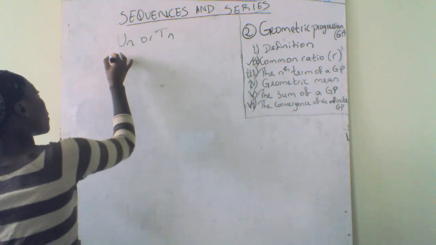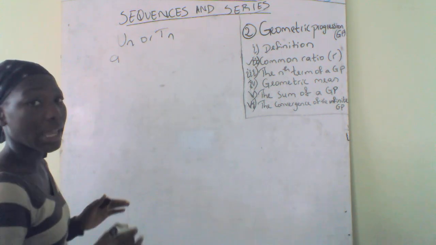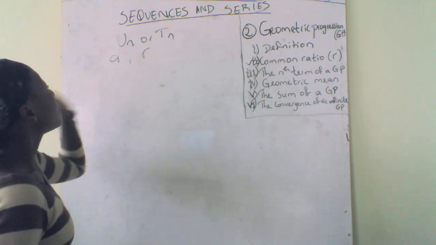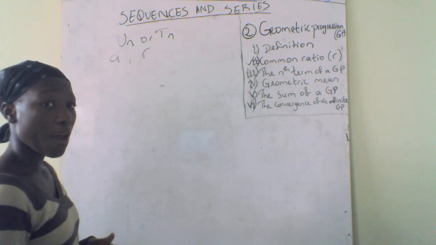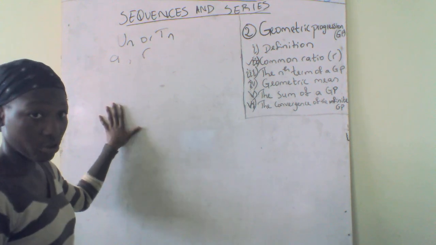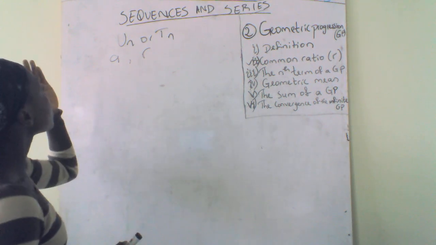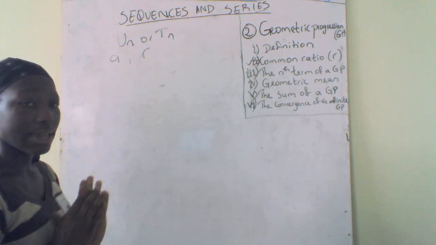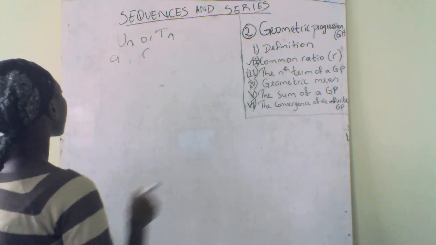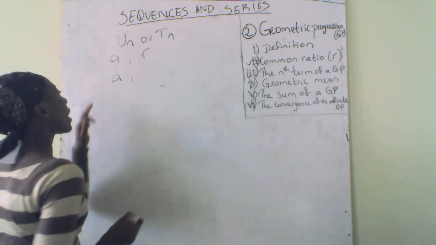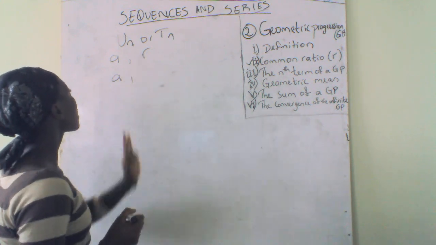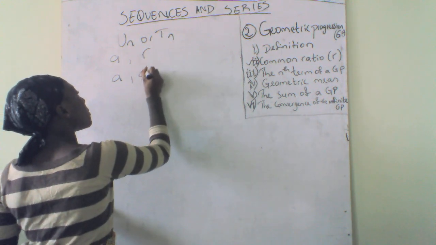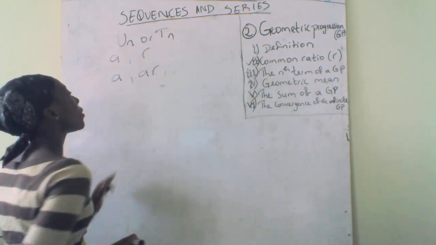If the first term of the geometric progression is denoted by A and our common ratio R, we know that to obtain a succeeding term in a geometric progression, we multiply the previous term by the common ratio. If the first term is A, then the second term will be A times R, which is first term times common ratio, giving us AR.